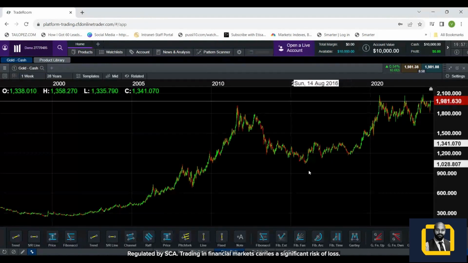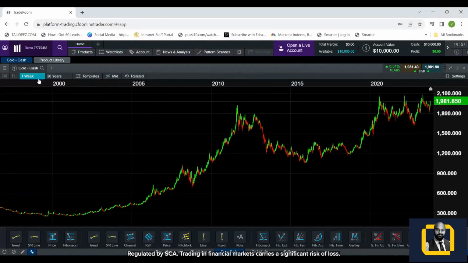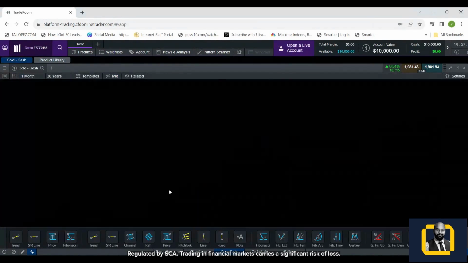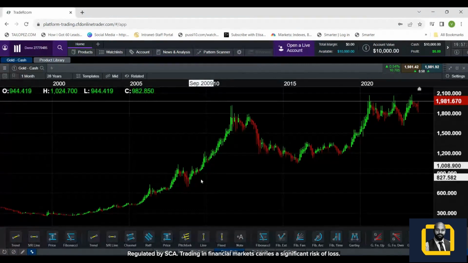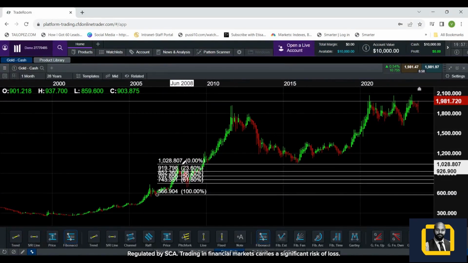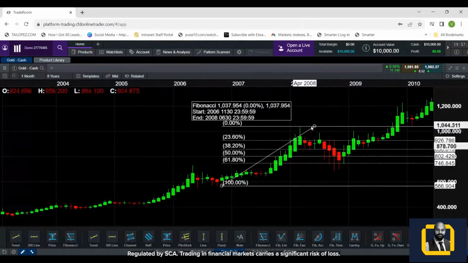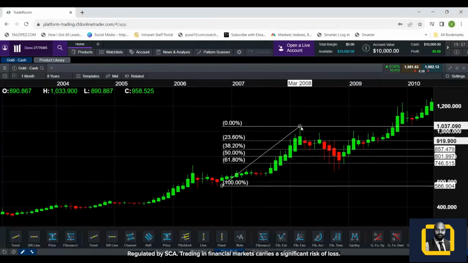Let's look at a weekly chart, changing it to Heikin-Ashi to see the trends. Let's just do a monthly chart and go from there. So in the monthly chart, we see there was a big swing here in 2005. Let me zoom that in. So in 2005, there was a big swing upward and then it made a downward trend.